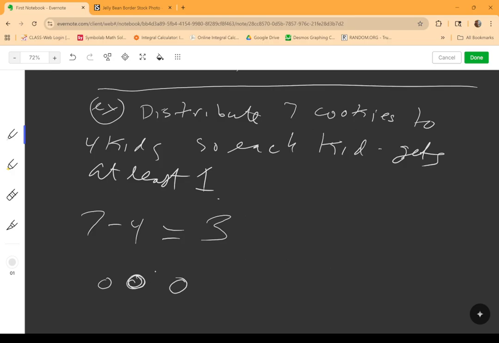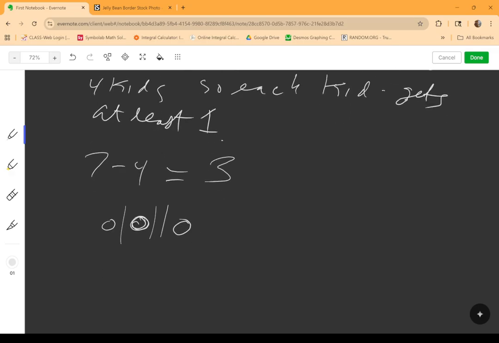Okay, so we have 3 stones, identical objects, and then the bins represent the kids. So we need 3 sticks, 1, 2, 3. In this formulation, not everyone is going to be able to get 2, and then you can have a formulation where some of them do get more than 2.